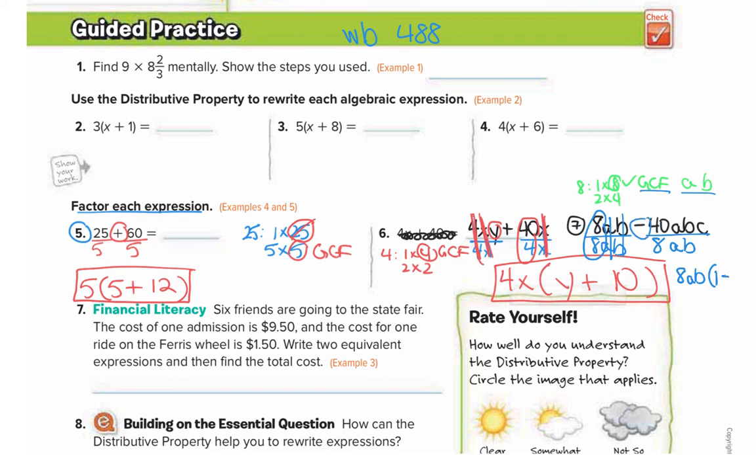Minus, because we have a minus sign for this one, the a's cancel out, the b's cancel out. So we have 40 divided by 8, which is 5, and then we have a c left over. So we'll have 5c. So our final answer is 8ab times 1 minus 5c.